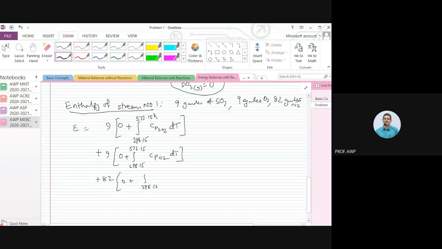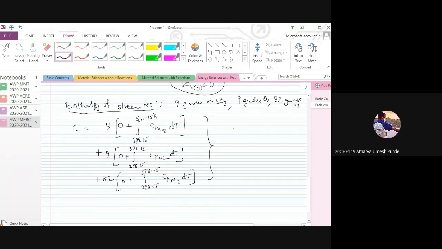Correct. I'm just writing so that everybody understands clearly. Sir, I considered the reaction is taken at 450 degrees Celsius. That's okay. Atharva, let us go step by step. I have understood what you are trying to say. So we finish the enthalpy of inlet here. What are the units here?